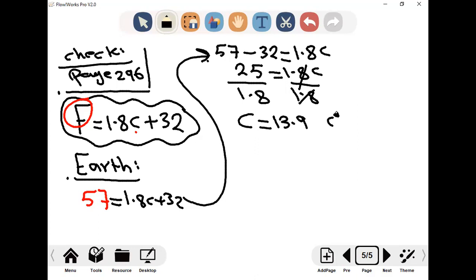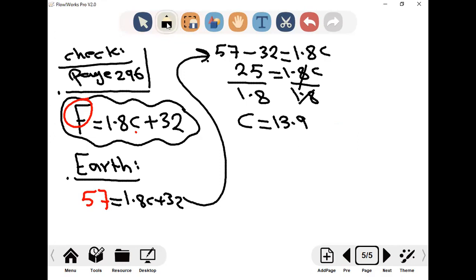Let's go back to the question. The question said, what is the difference between Mars and Earth in Celsius? The Earth was given in Fahrenheit, so I turn it to Celsius, right? How about the Mars? Given in what? Given in Celsius. Do we need to turn it? No. So the difference equal. Now we can find the difference, right?